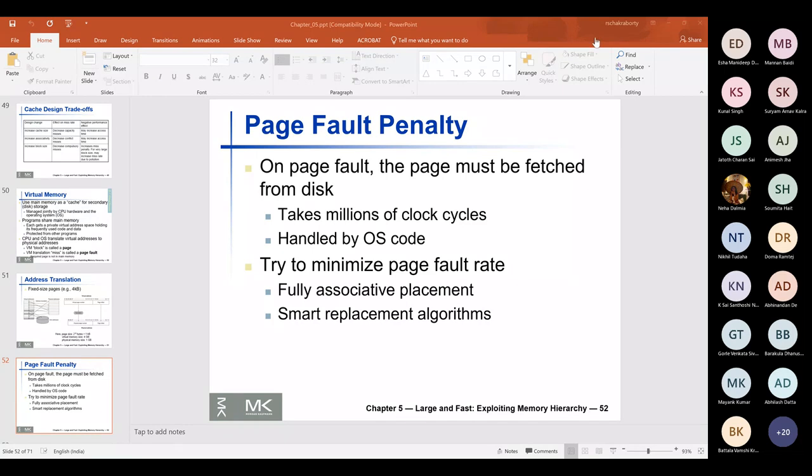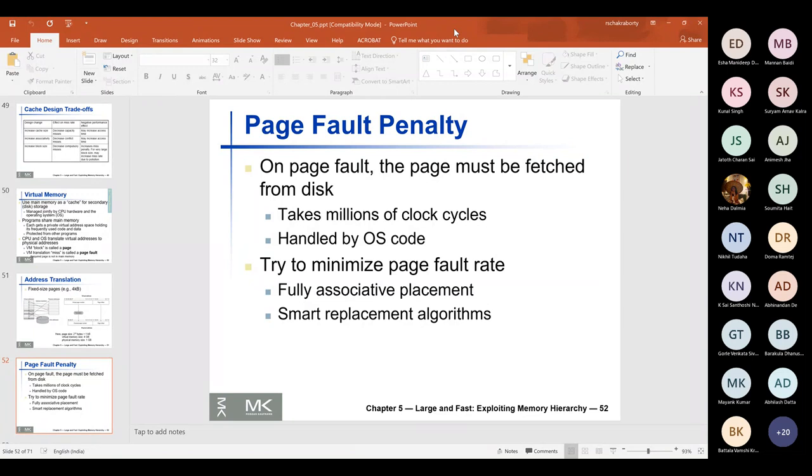Exactly. So the impact of a cache miss, we have seen calculations of average memory access time or the AMAT metric. The impact of a cache miss can be quite bad, substantial, but the impact of a page fault on the process is disastrous basically, because the process is sent to a wait state.